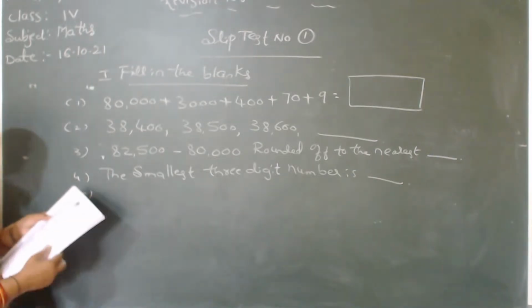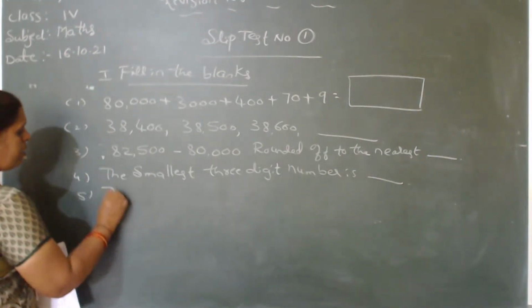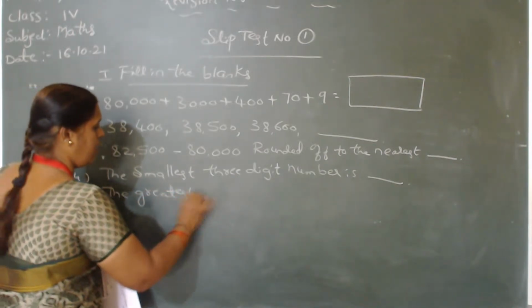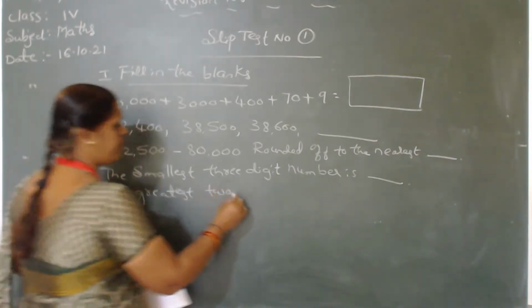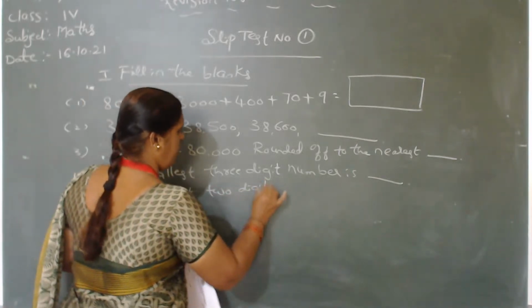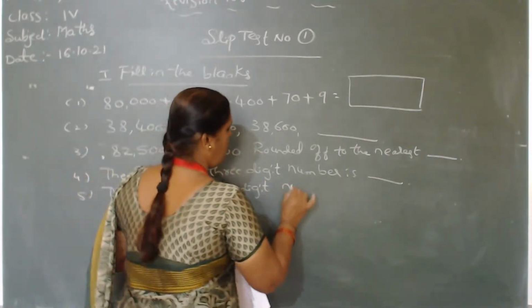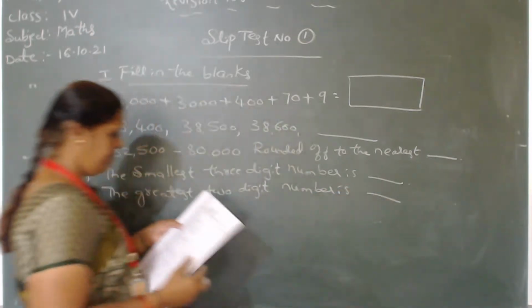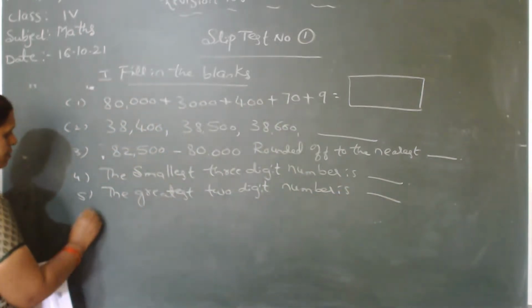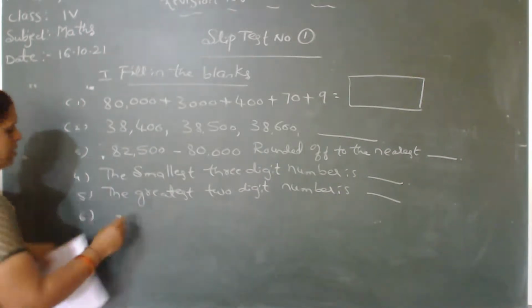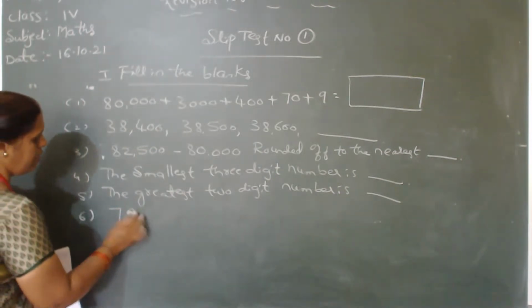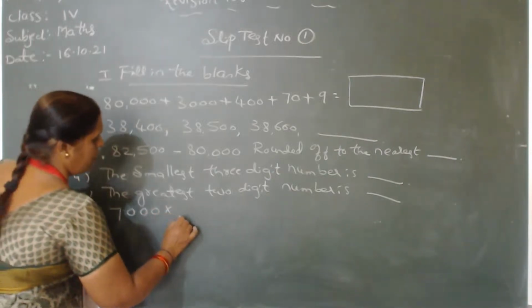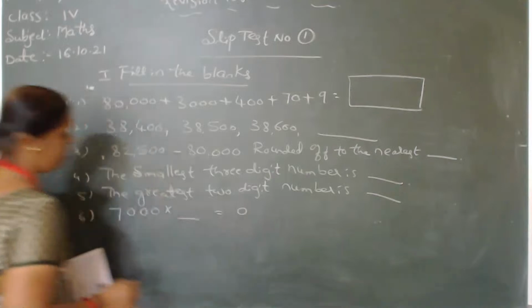Fifth one, the greatest two digit number is dash. Sixth one, 7,700 into dash is equal to 0.